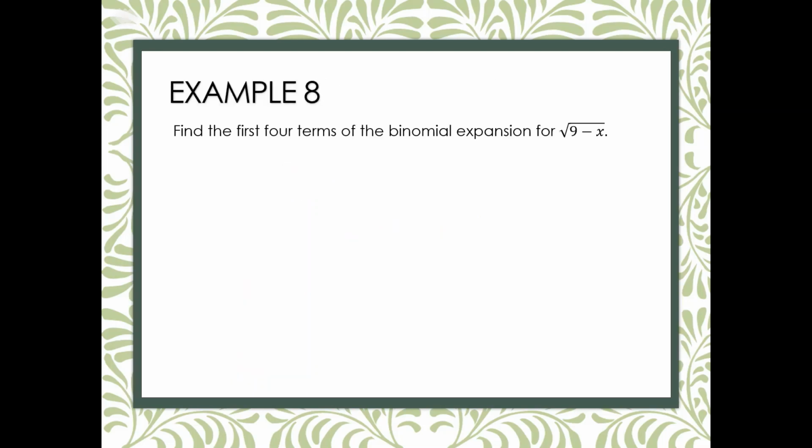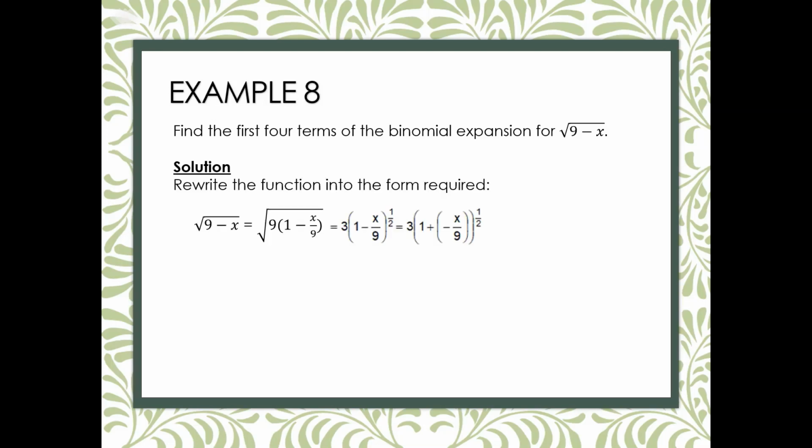Refer to example 8. You need to determine the first 4 terms of the binomial expansion for the function square root of (9 minus x). Before finding the expansion, first you need to rewrite the function in the form required, that is (1 + x)^n. Then identify the values for the new x and n. In order to obtain 1, you need to factorize the 9.